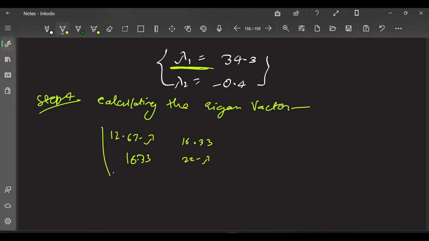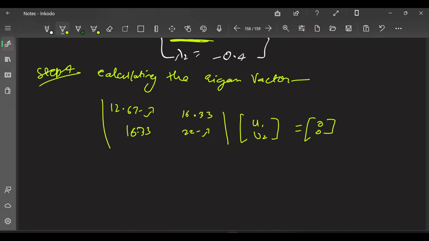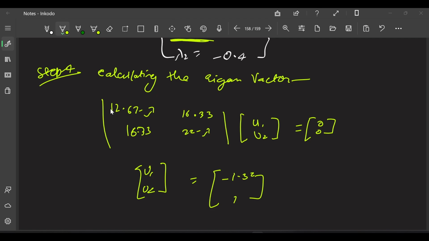Okay, and we have the eigenvector u1, u2, which is equal to 0, 0. From here we will calculate the values of u1 and u2. We will get u1 and u2 equal to minus 1.32 and 1. Okay, so here we have calculated the eigenvector.